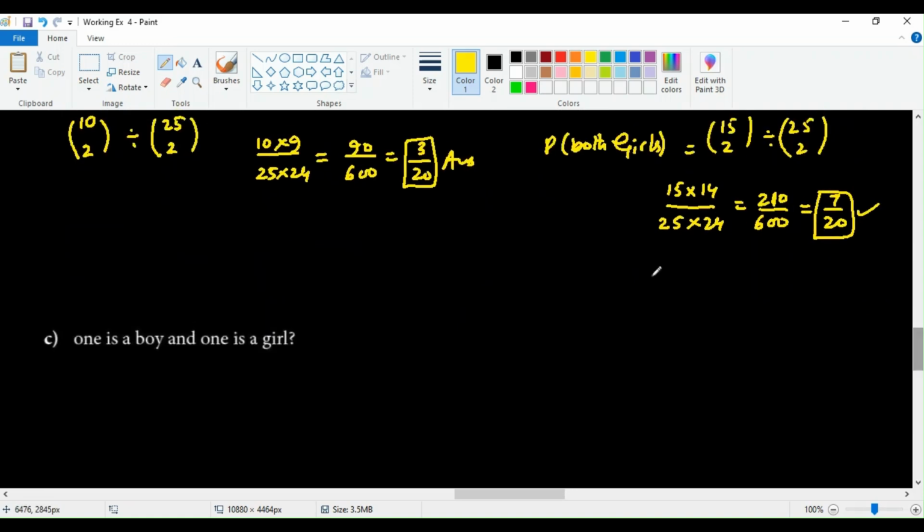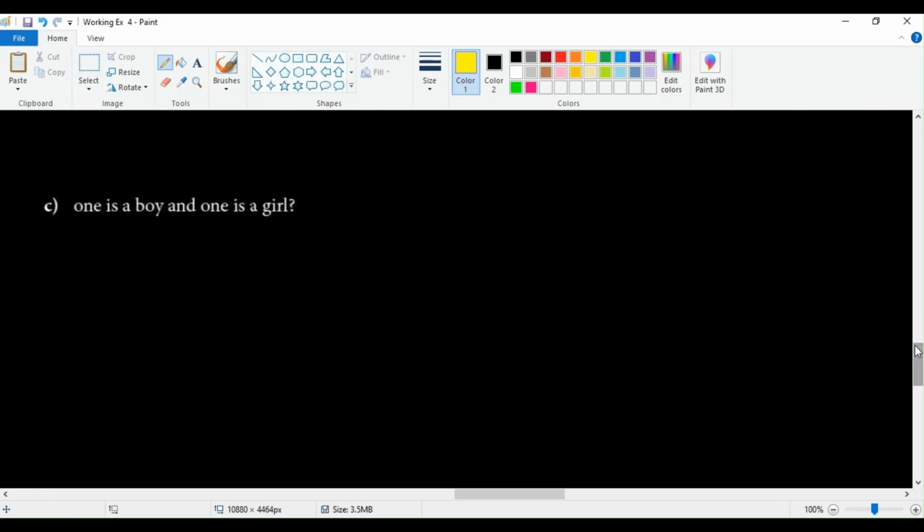Now it says one is a boy and another is a girl. So total ways of selecting two children is 25 choose 2. So we can write here also total ways to select two students is 25 choose 2.